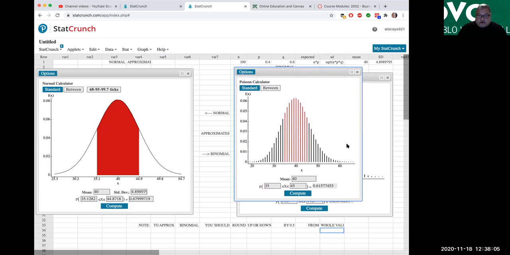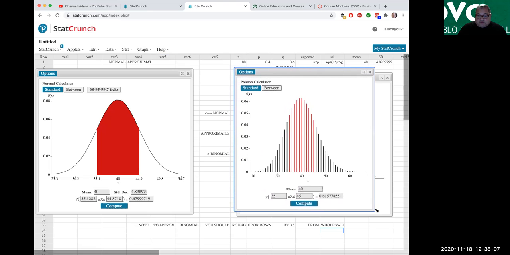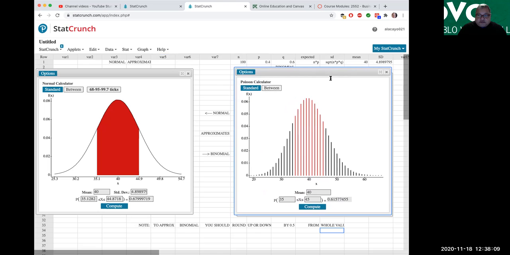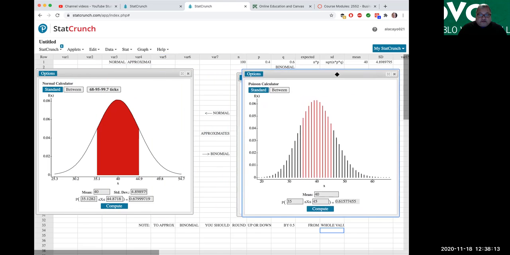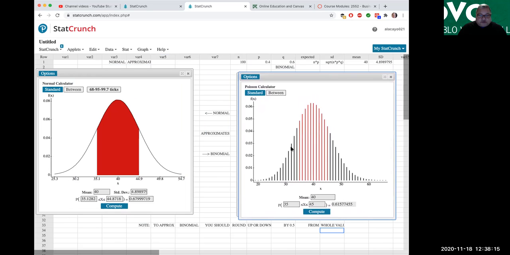Notice how the Poisson model looks very similar to the binomial calculator, and it also looks very similar to the normal calculator in that range.